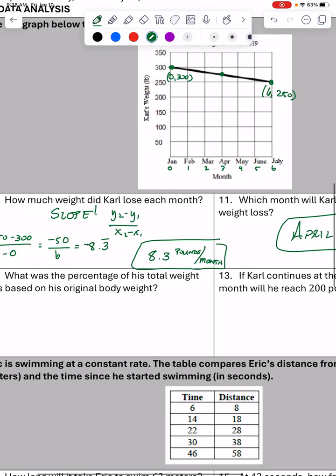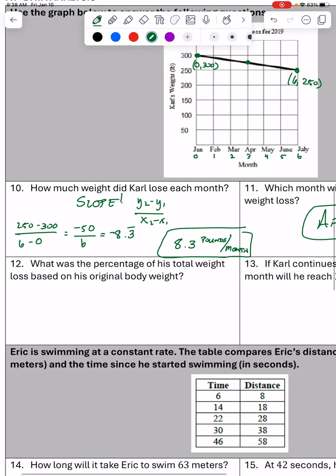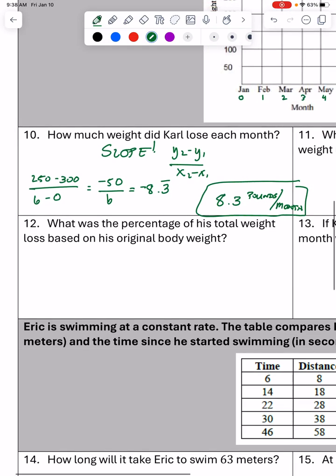And then what was the percentage of his total weight loss based on his original body weight? So this is a percent loss thing. So the way we do this is we say the new minus the old over the old. Okay, so his new weight is that 250 pounds. His old weight was 300.